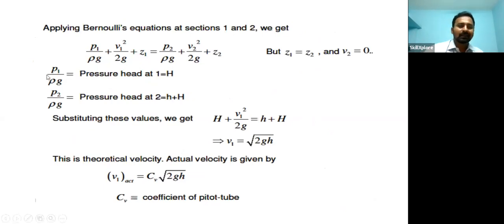So the next thing is the same. By applying the velocity of the flowing fluid and cancelling the equations, at last we get the velocity v1, which is equal to root of 2gh. So this is a very important thing.